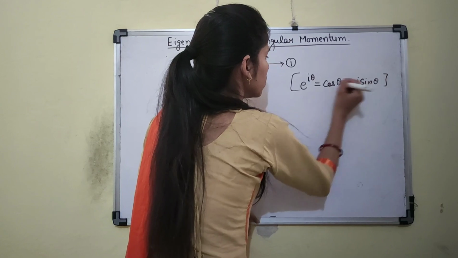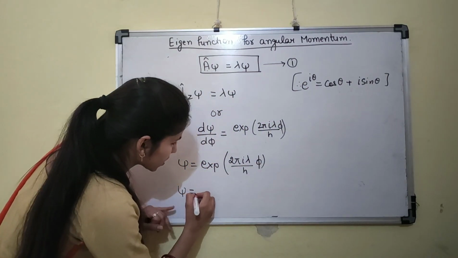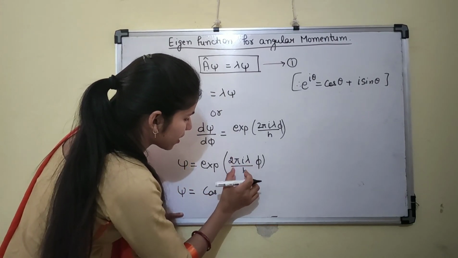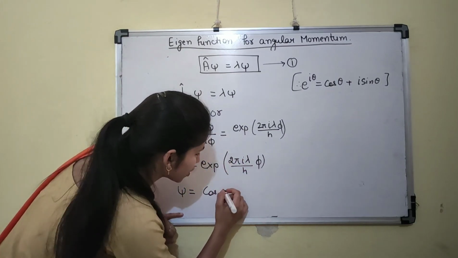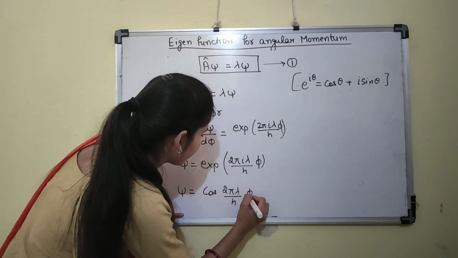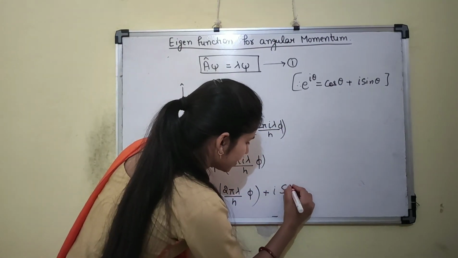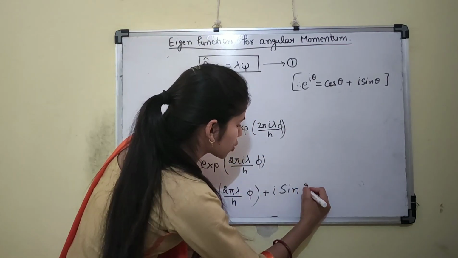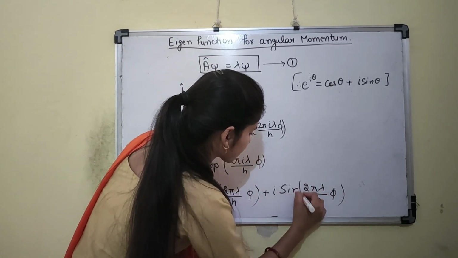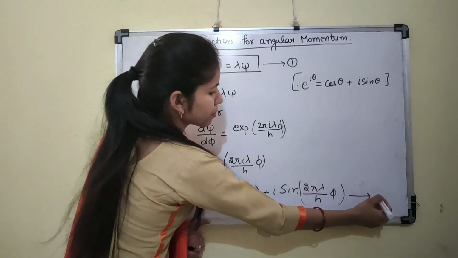So apply this rule there. So psi equals cos of 2 pi lambda by h phi plus iota sine of 2 pi lambda by h phi. So this is our equation number 2.